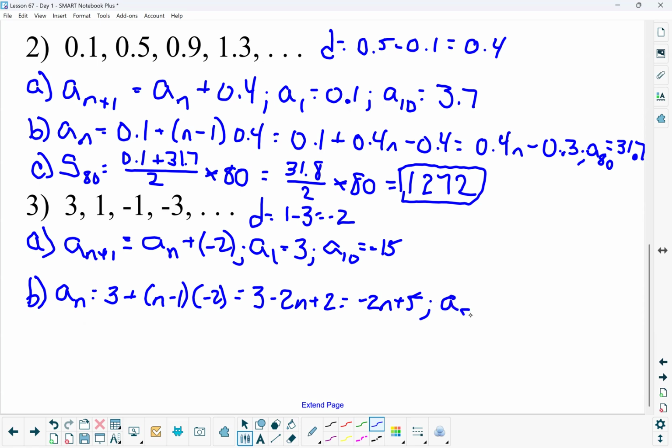Finding the 80th term, we take negative 2 times 80, negative 160, plus 5, negative 155.